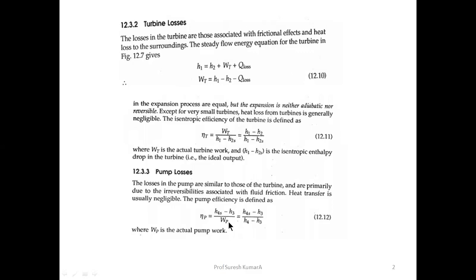I am writing the isentropic pump work in the numerator because the isentropic pump work will be less and the actual pump work required will be more. So the efficiency will always be less than 1, in decimal terms. So it is H4s minus H3 divided by H4 minus H3.